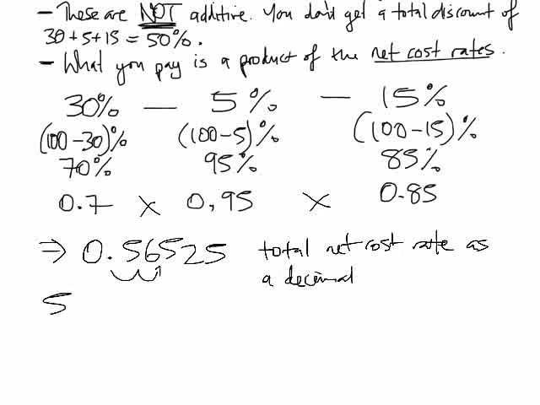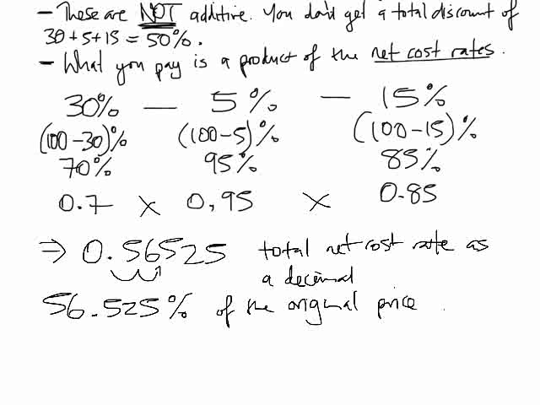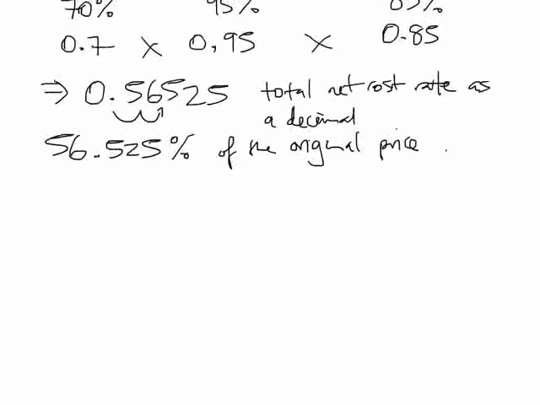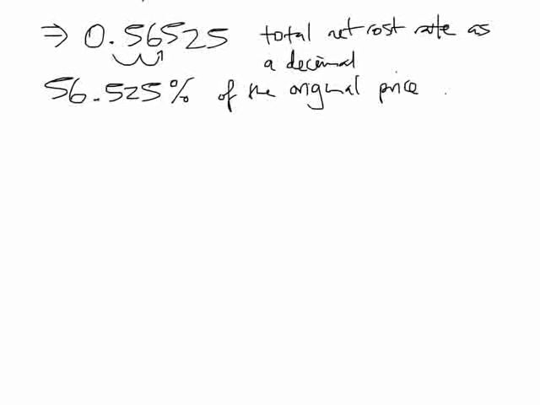So in actual fact, you're paying 56.525% of the original price. Now, if the question was to ask, okay, you have a series discount of 30%, 5%, and 15%, what is the total discount percentage overall? Well, you would do those steps. You would work out that you would be paying 56.525% of the original price.